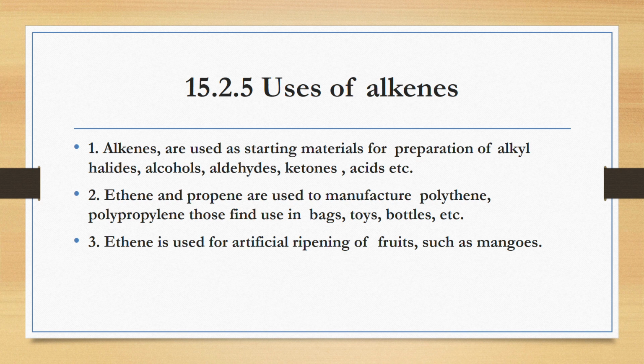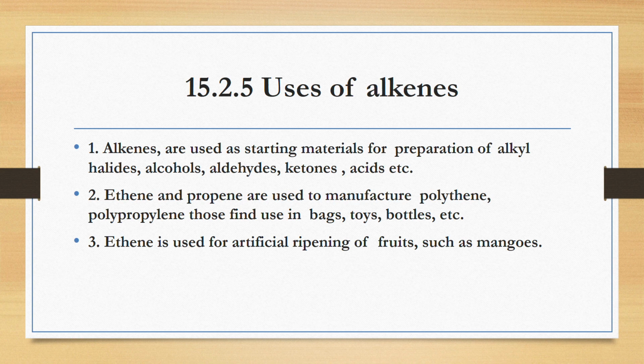Now let's see what are the uses of alkenes. Alkenes are used as starting materials for preparation of alkyl halides, alcohols, aldehydes, ketones, acids, etc. We have seen many chemical properties of alkenes where alkenes are converted into all such organic compounds.